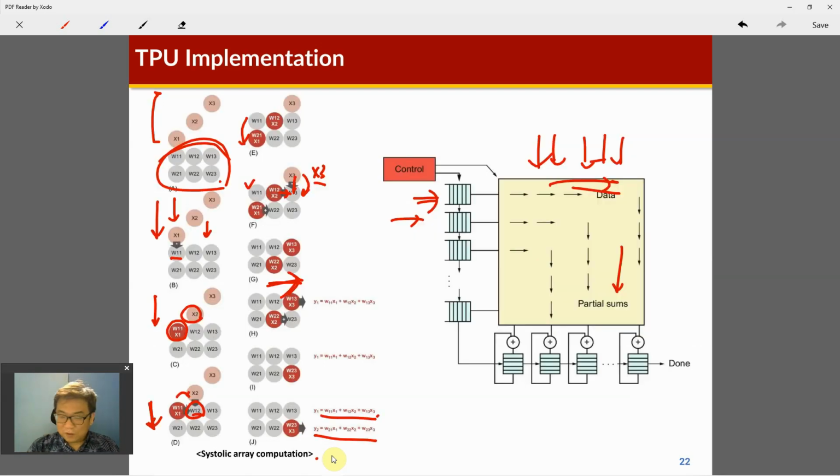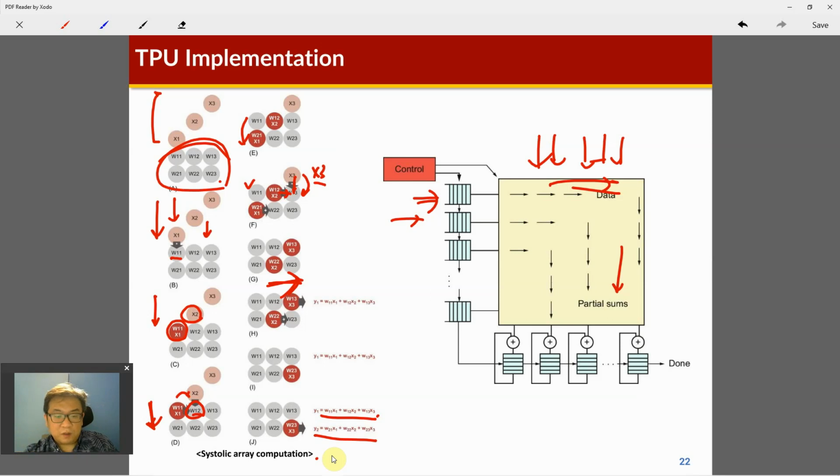So actually the structure is very simple. If we compare the structure and architecture of the TPU with other processors, you can think that the TPU architecture is very simple, right? But as you know, the simple architecture is very beneficial for the energy efficiency, the power consumption, and also performance.